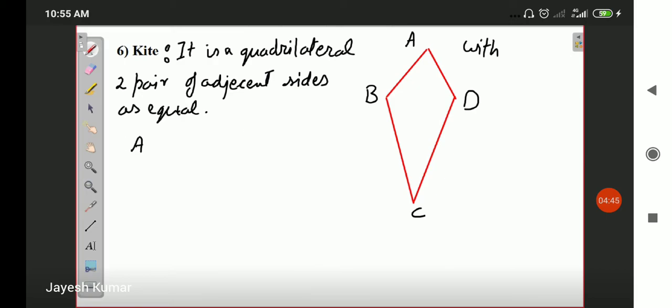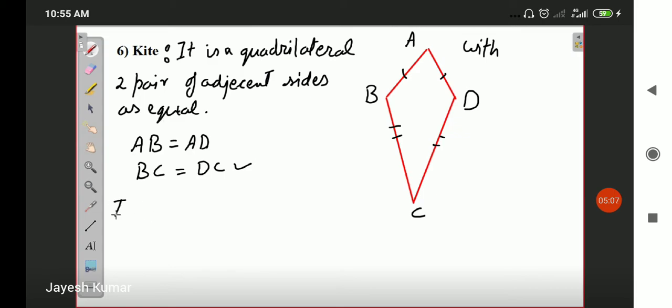One pair is AB length and AD length are equal, and the second pair is BC length and DC length are equal. Okay, AB and AD are equal, BC and DC are equal.